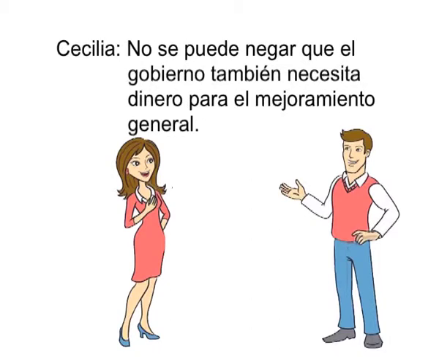And Cecilia reacts to it saying, no se puede negar que el gobierno también necesita dinero para el mejoramiento general. So she says, one cannot deny that the government too needs money for general improvement.